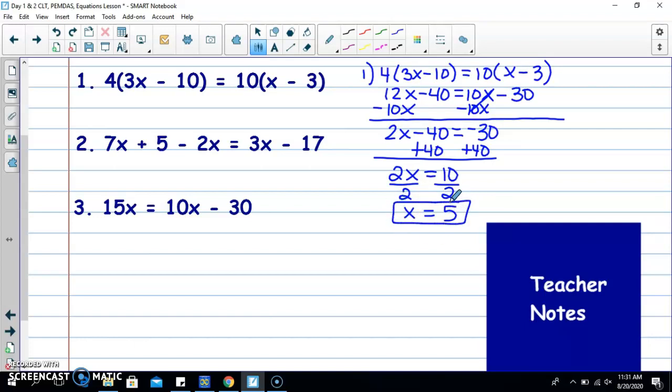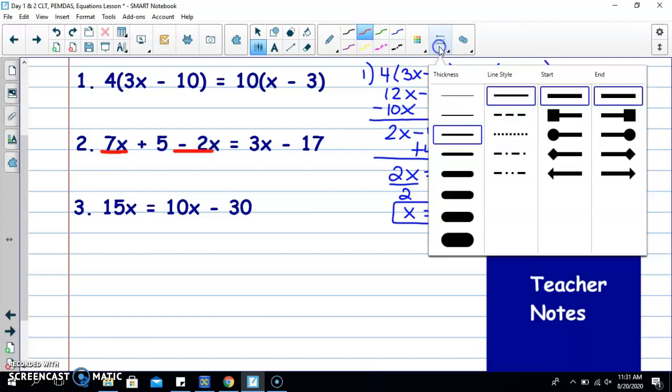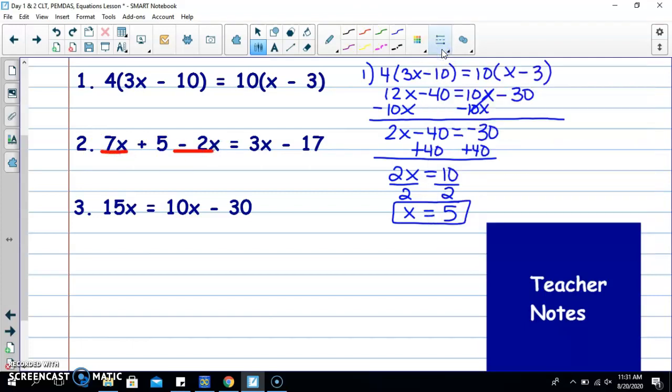Number 1, you would have come up with an answer of 5. Now on number 2, we have like terms to combine first. So I have 5x plus 5 is equal to 3x minus 17.